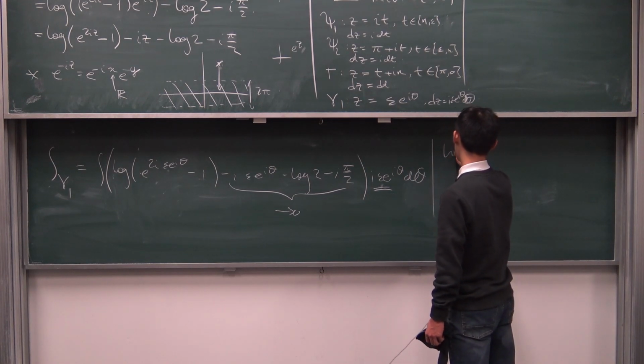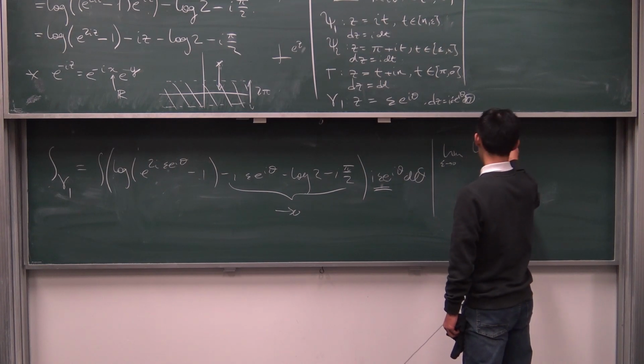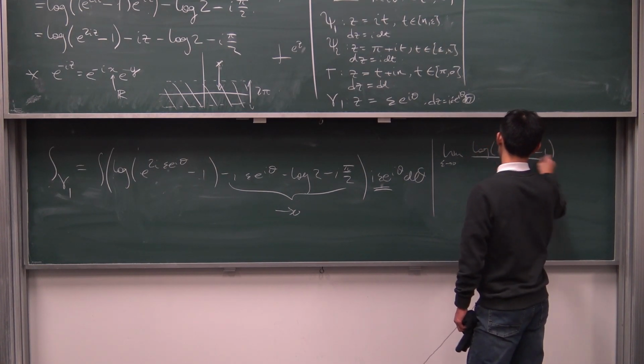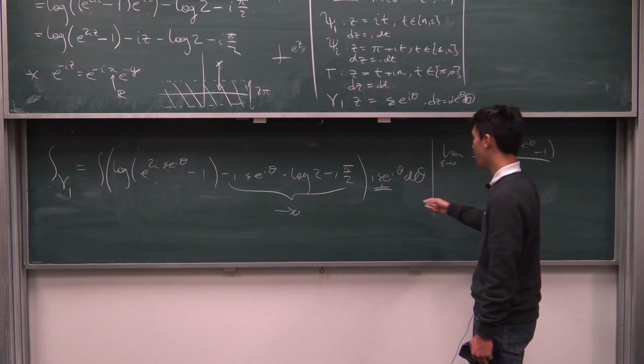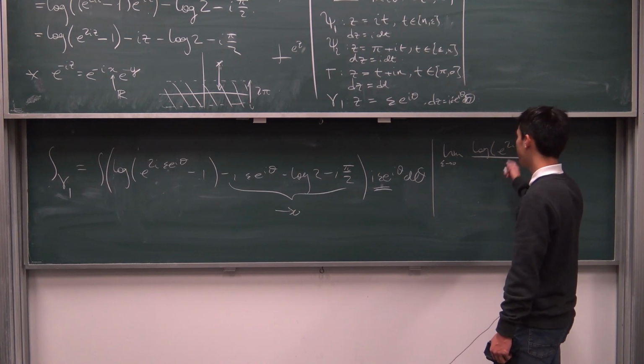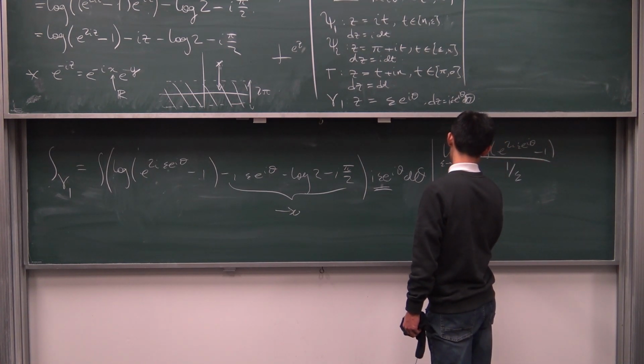That's really not too tricky to do over here. Let's take a look at the limit as epsilon approaches 0 of the logarithm of e to the 2i epsilon e to the i theta minus 1, divided by the logarithm of epsilon. So we want to write this as 1 over epsilon in the denominator, so we have infinity over infinity. So this is going to be the limit.